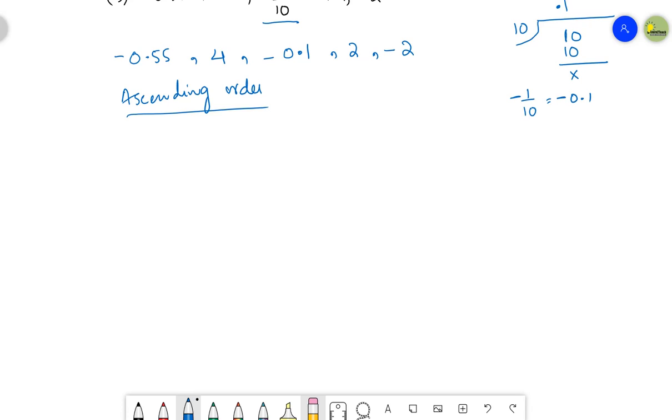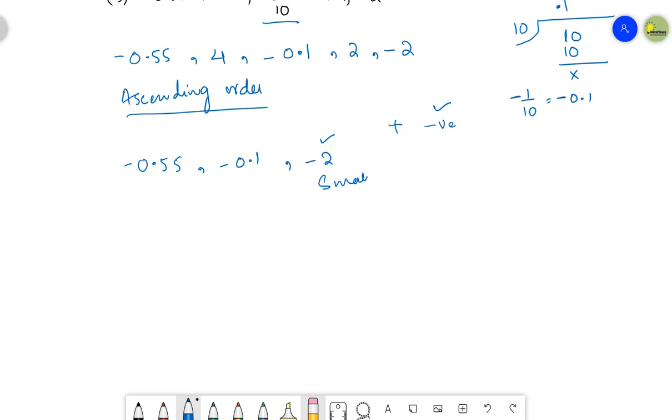Okay, whenever we have positive and negative numbers, we know that the negatives are smaller. So what we will do, pick all the negative numbers, like minus 0.55 is my negative value, minus 0.1 is a negative number, and minus 2. And we all know that in the negative numbers, the number with the greater value is considered smaller.